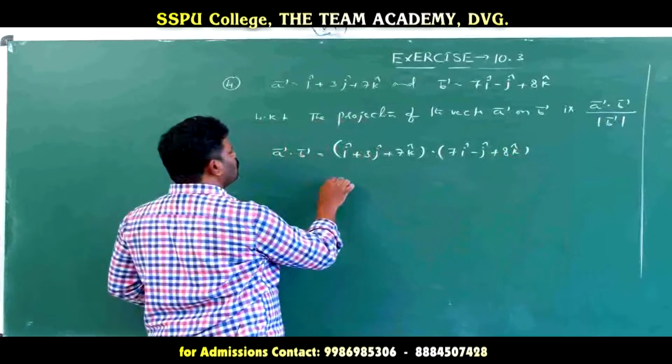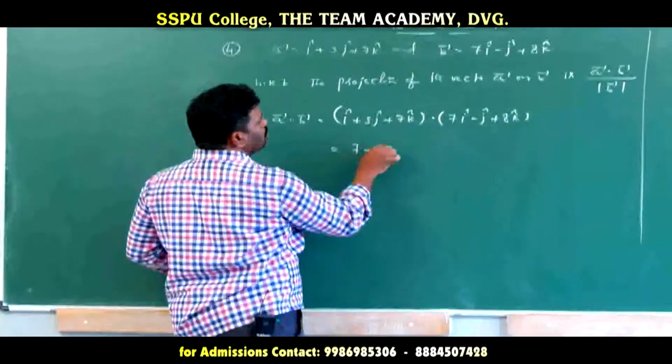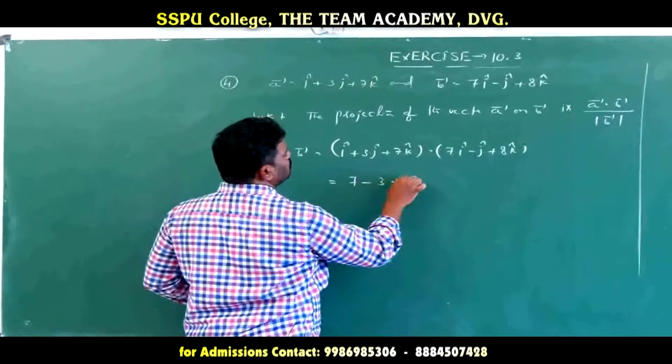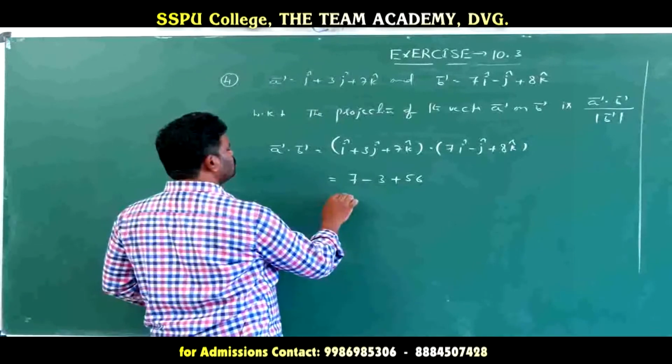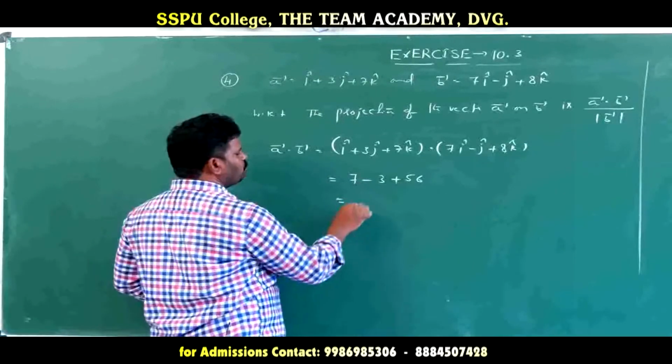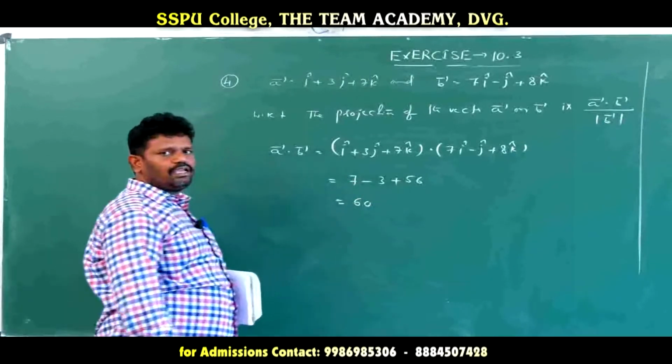So that is 1 into 7, minus 3, plus 56, since 7 eights are 56. That gives 60 as the value of a bar dot b bar.